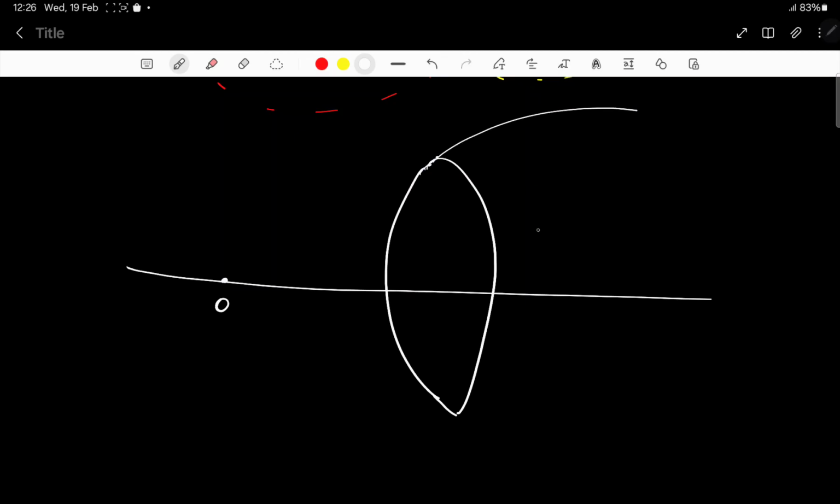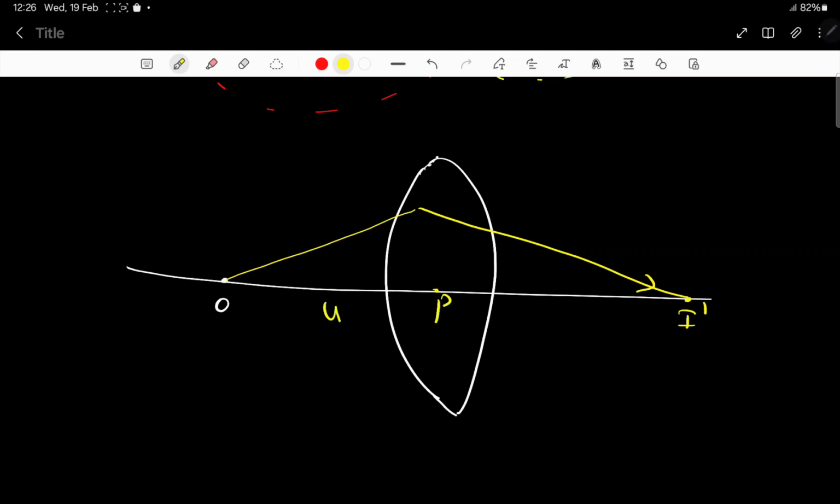If this entire side is made up of this glass material, obviously we know where the image will form. We have derived the formula for that, right? So this is where the image will be formed. We can call the image position I dash. So the object distance is U, and the image distance is V, which is a minus u technically.